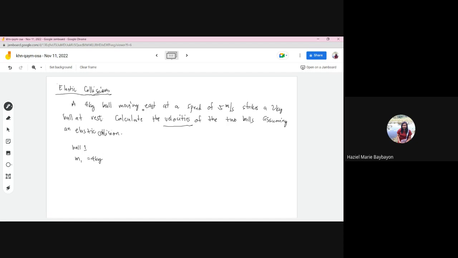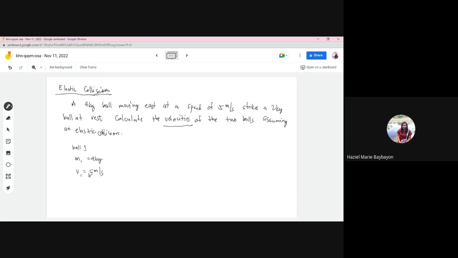So, you have to take note of the sign or the direction also of your velocity class because momentum is a vector quantity. So, since it is east, meaning it is positive to the right. And then, its velocity or speed, V1, is 5 meters per second.